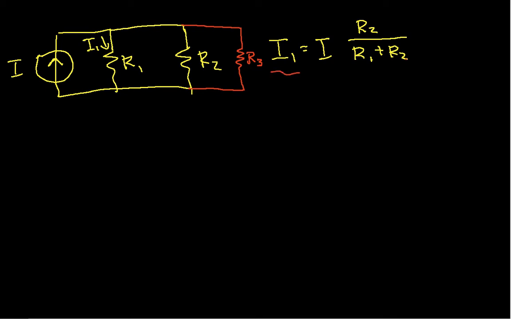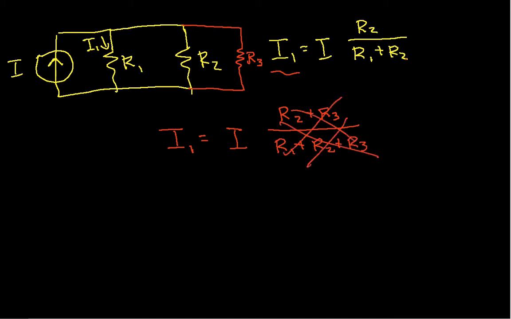The temptation is to look at the pattern we've already developed for 2 resistors and say, well, then I1 is going to be equal to the current times R2 plus R3, because it's not flowing through these 2, over R1 plus R2 plus R3. That is wrong.